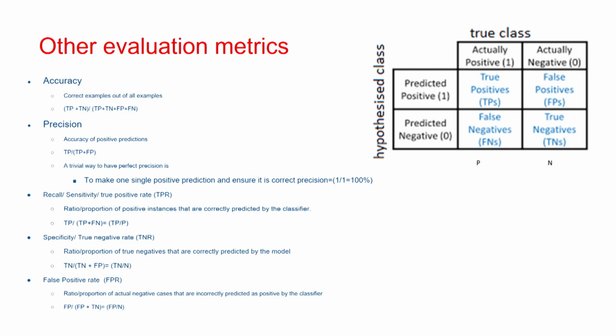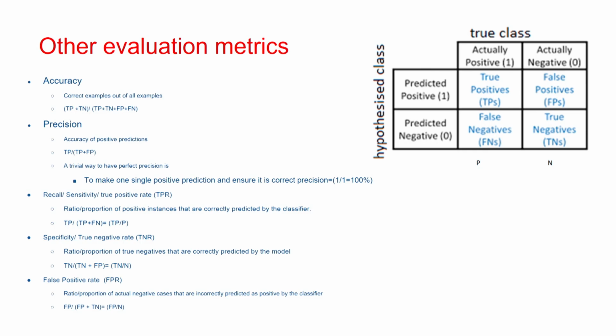The formula will be true negative upon true negative plus false positive. False positive means these were actually negative, but falsely predicted as positive. So we can say it is true negative upon all the negative instances, that is TN upon N.